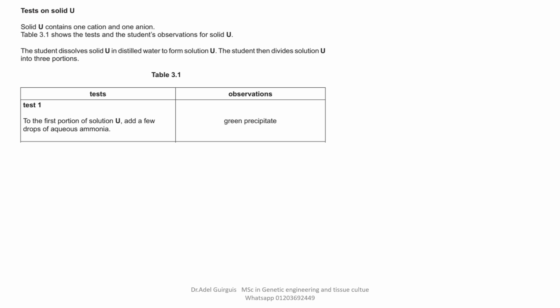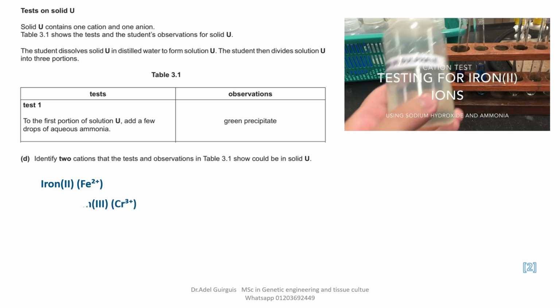Ammonia is used to detect cations and forms a green precipitate when the solution contains iron(II) ions, Fe2+, or chromium(III) ions. Identify 2 cations that the tests show could be in solid U: iron(II), Fe2+, or chromium(III), Cr3+.